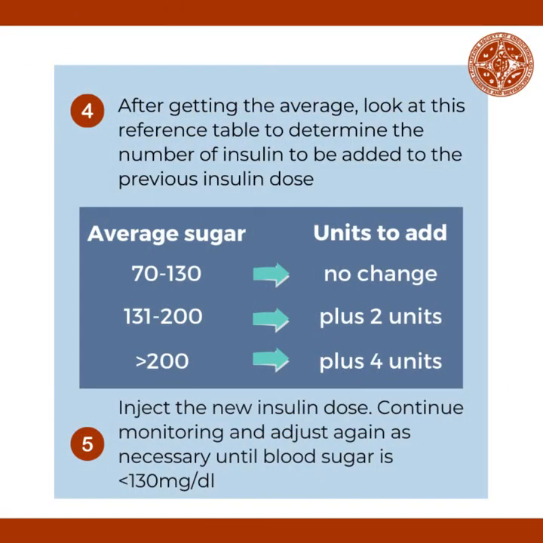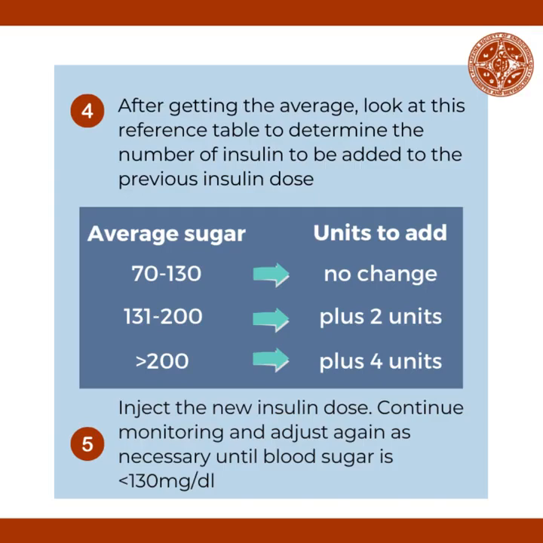Fourth, after getting the average, look at this reference table to determine the amount of insulin to be added to your previous insulin dose. If the average blood sugar is 70 to 130 milligrams per deciliter, there's no need to change your insulin dose. If the average blood sugar is 131 to 200 milligrams per deciliter, add 2 units to your current insulin dose.